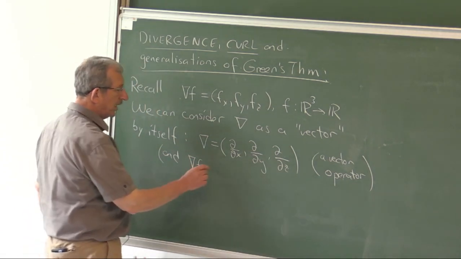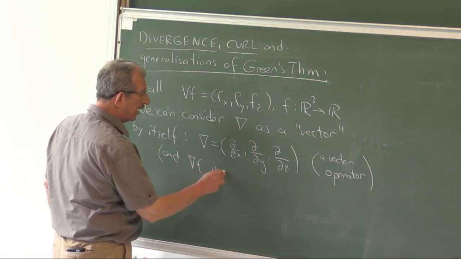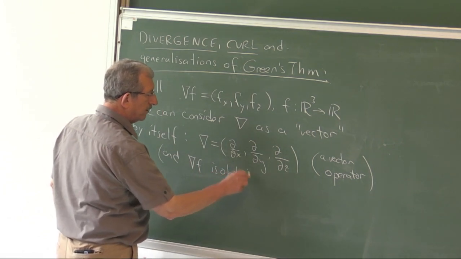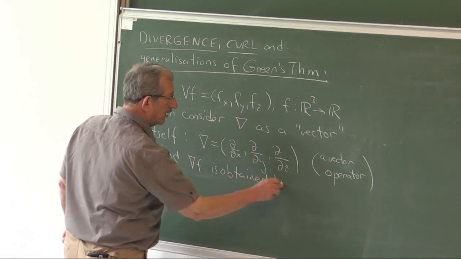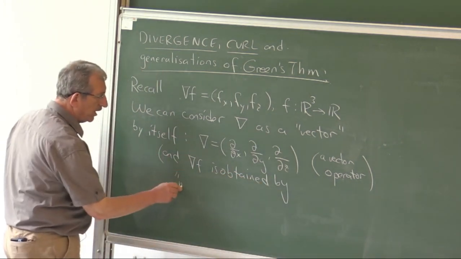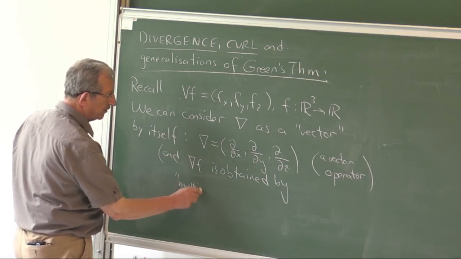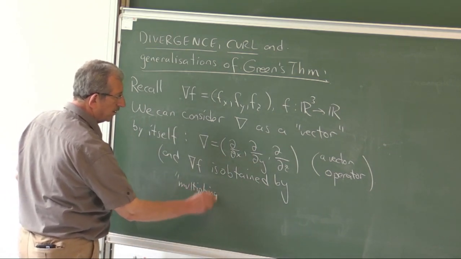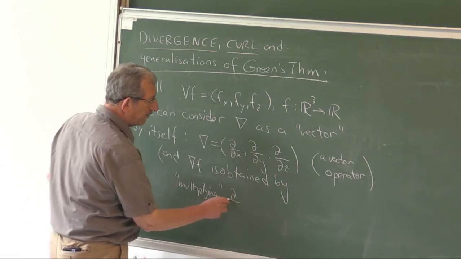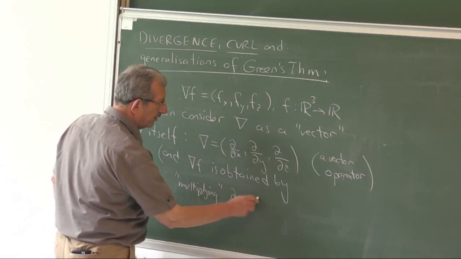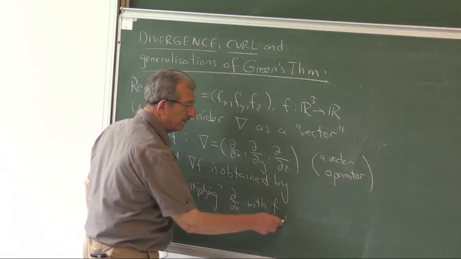And del f is obtained by multiplying del by del x with f.